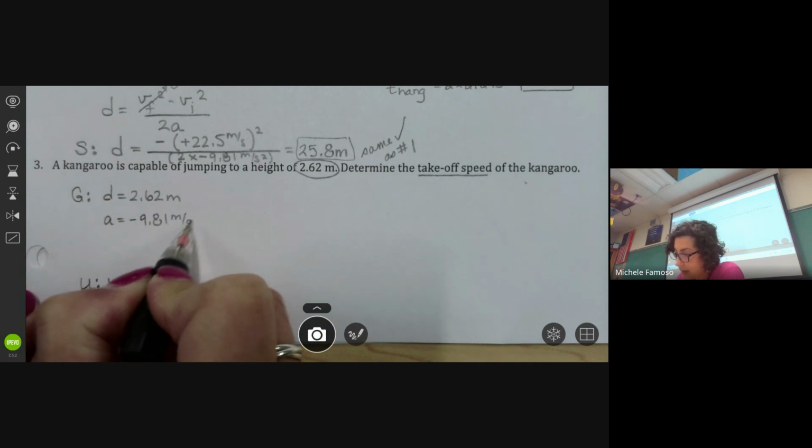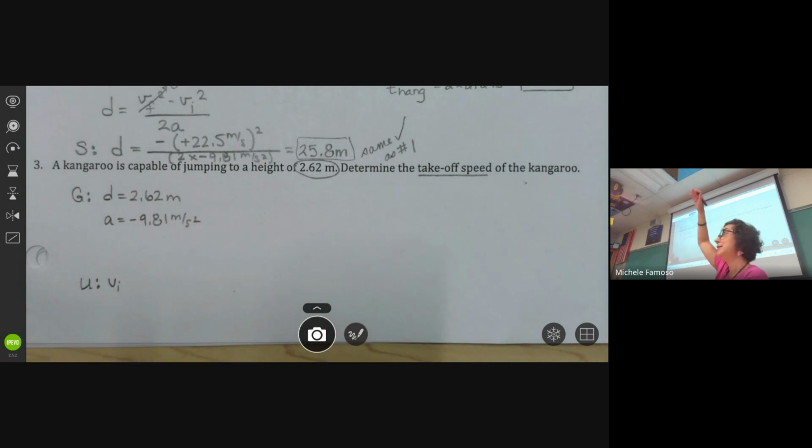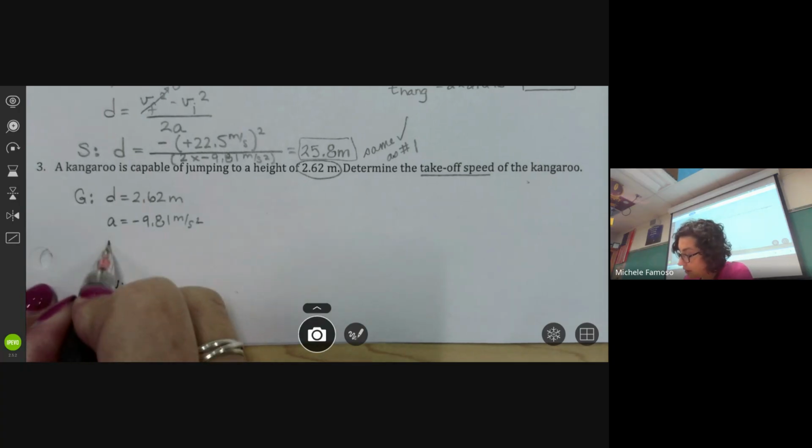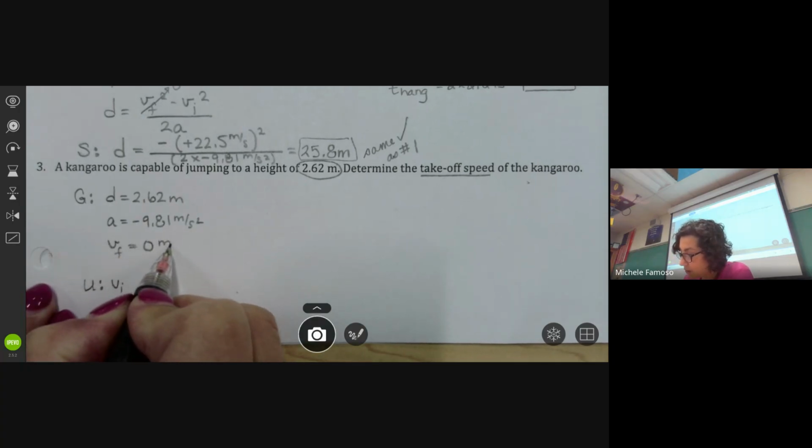Good. Now, when we get to this height, that's at the highest point. Ryan, what do we know about things when they get to the highest point? What does everything do at the highest point? They stop. That's where it's ending for this question. So what else do I know? VF is 0 meters per second.